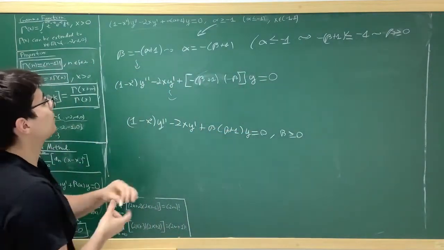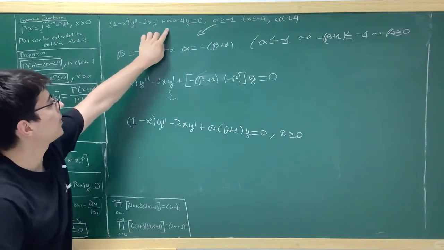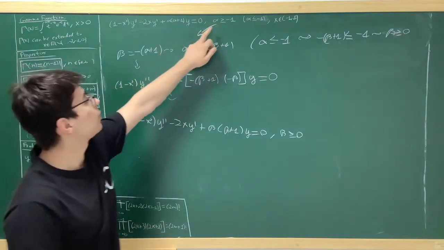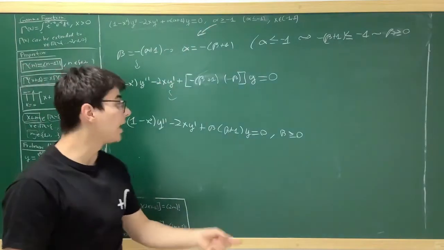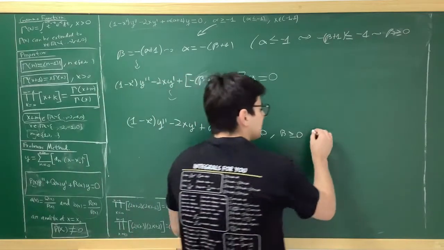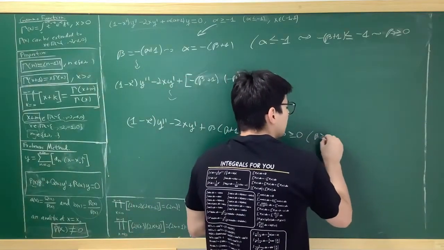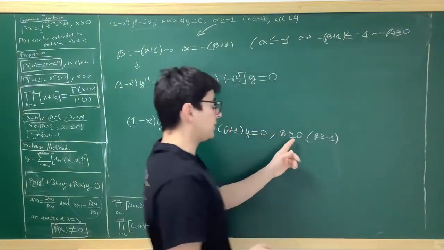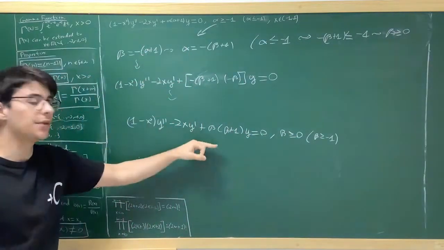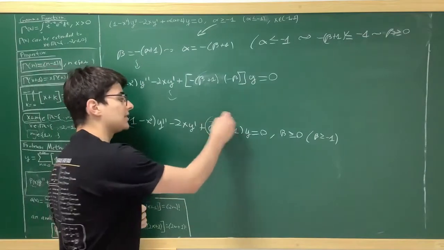This is exactly the same as this differential equation, but we have changed the parameter here. Our previous parameter was alpha greater or equal than -1, and our new parameter is beta greater or equal than 0. And we can actually just say beta greater or equal than -1, because if this holds, well, this also holds. So we have the exact same thing, but with beta instead of alpha.